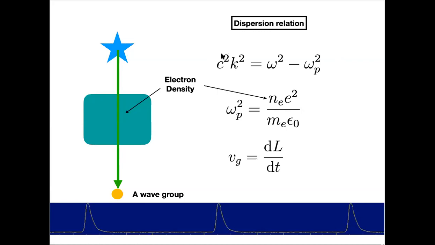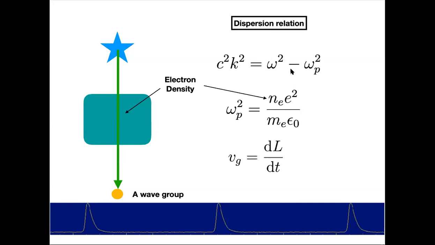This is the dispersion relation of the electromagnetic wave which is coming from the pulsar through the electron plasma to us. And this frequency is the angular frequency, in the radio frequency range. The dispersion relation gives you a relation between the wave number and the frequency of this electromagnetic radiation.